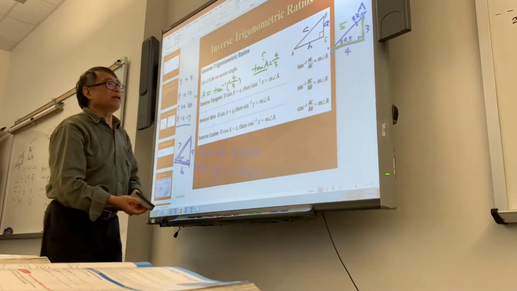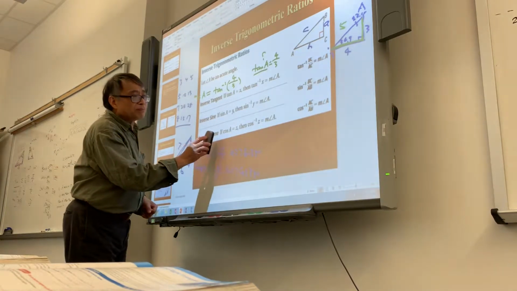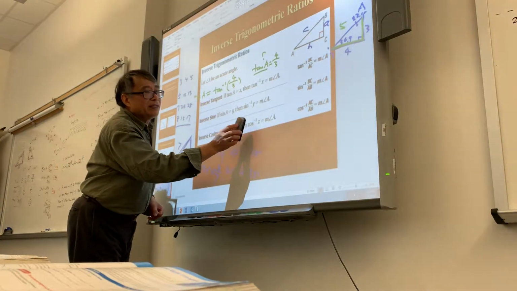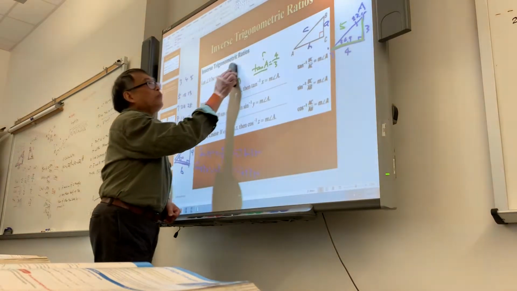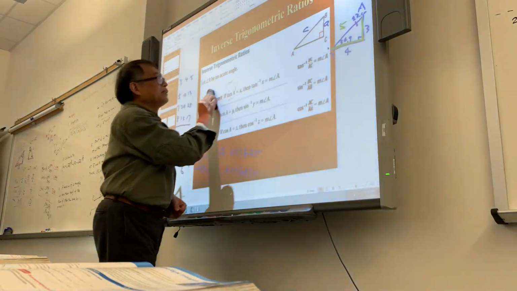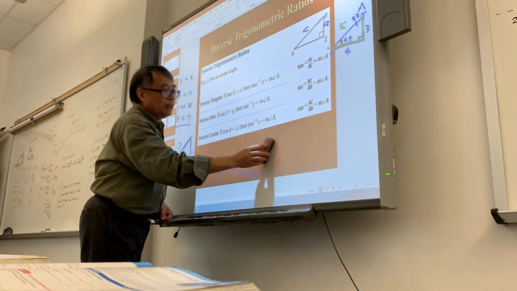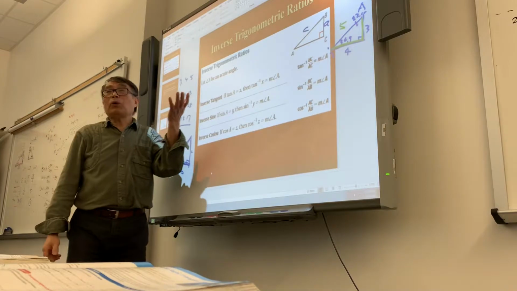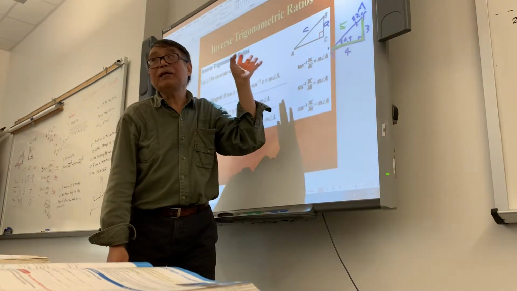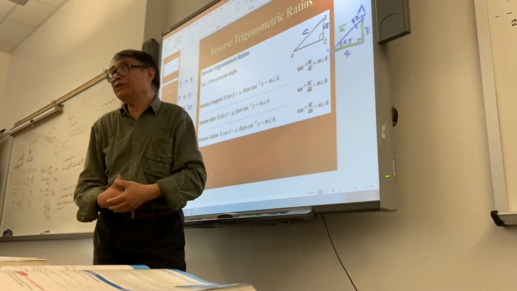So it's the same thing. If cosine A is z, then arc cosine z equals angle A. Why do we use 3? Because for different questions, we have different ways to solve. And if the question gives you two sides, two legs, you have to use tangent.